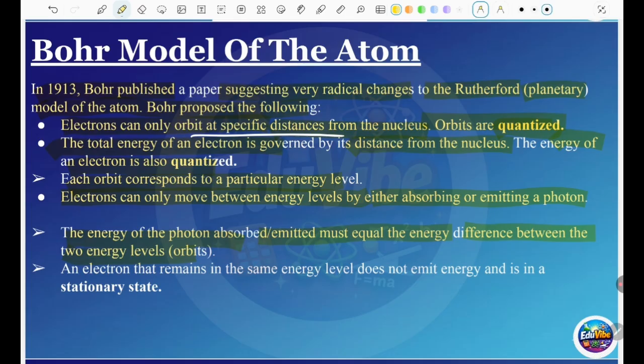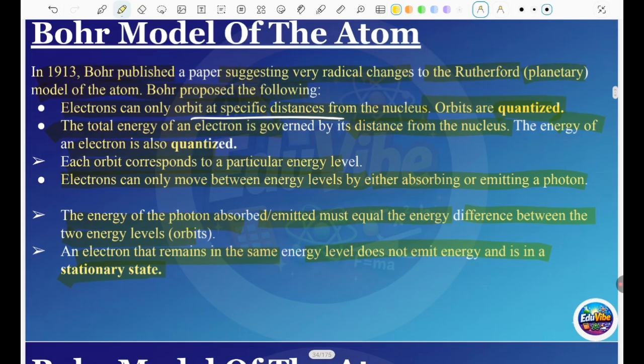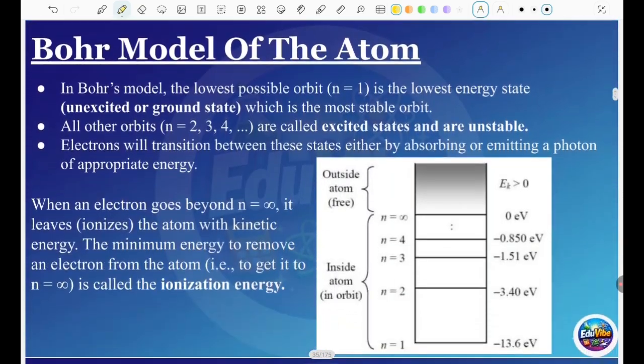An electron that remains in the same energy level does not emit energy and is in a stationary state. So firstly, we start with the stationary state and go through some levels of energy.